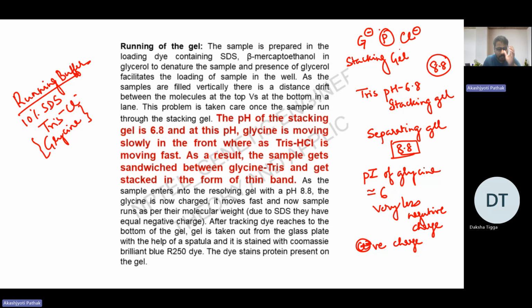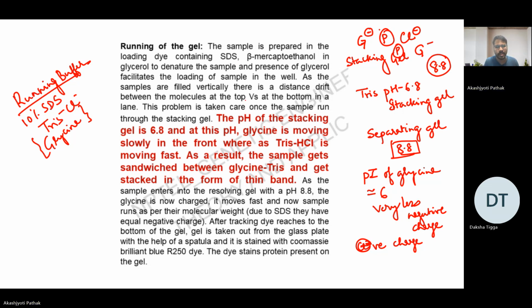So the glycine will have a higher negative charge. The glycine molecules will start migrating faster than your protein sample, and as a result, your proteins will get separated.